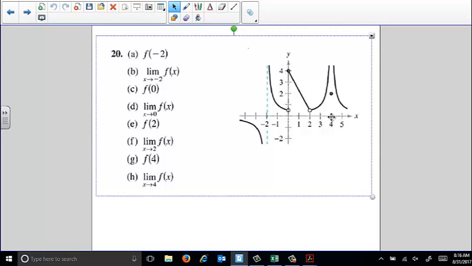Now, if I asked you what is the left-hand limit, you could say positive infinity. If you said the right-hand limit is positive infinity, then you might say, well, they're the same thing, but infinity does not exist, so we would say the limit does not exist.